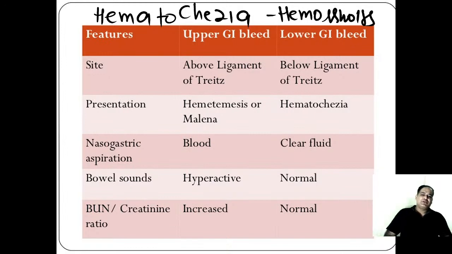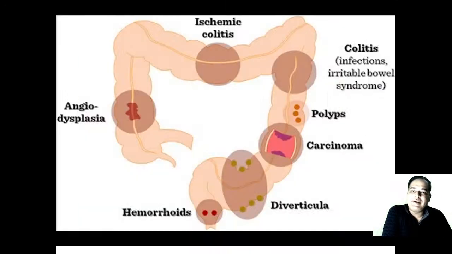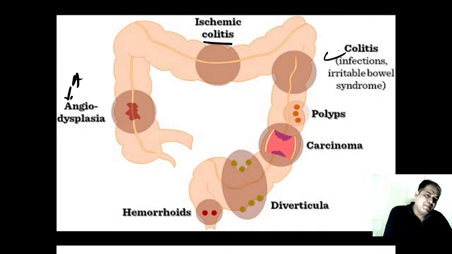Lower gastrointestinal bleed. Right. Now, the common causes of lower gastrointestinal bleed. If it is in the ascending colon, it is going to be angiodysplasia. If it is in the transverse colon, it's going to be ischemic colitis. In the descending colon, it is going to be either infections. Remember the dysentery, remember E. coli, remember amoebiasis.